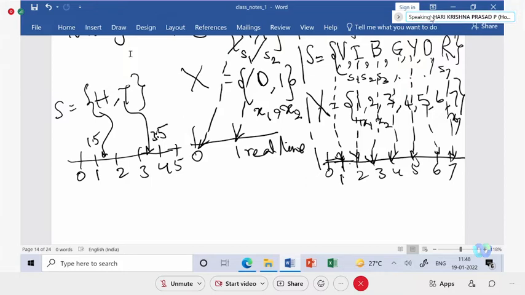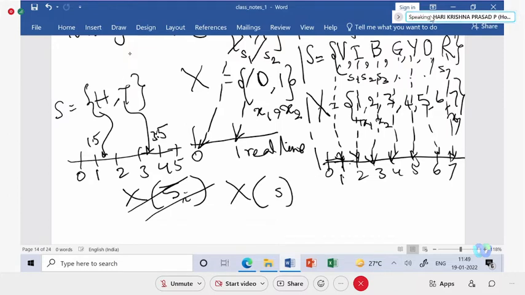Is it clear? So normally we say X of zeta i, or simply, don't complicate things, X of s. So X of s is the rule by which a numerical value is assigned to the outcomes of the experiment. So the symbol X of s will indicate a number assigned to the specific outcome of the experiment s.